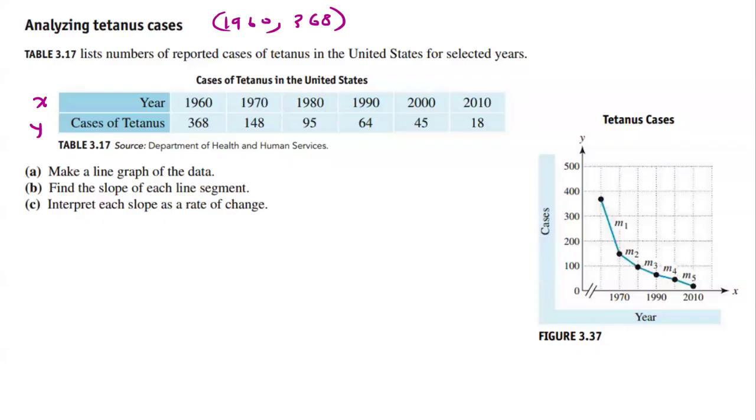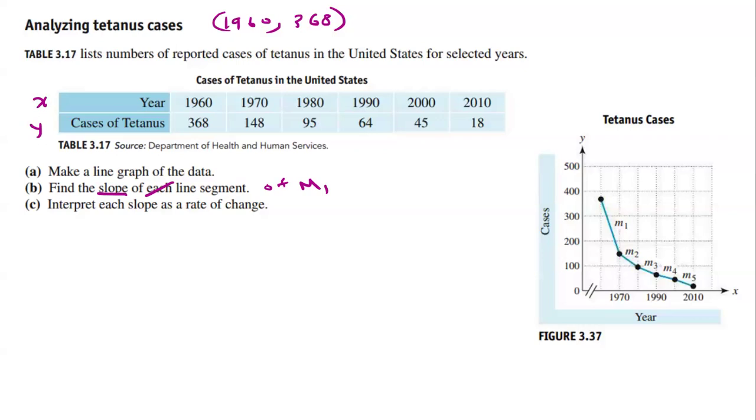All right, so let's look at the second part here. Can we find the slope of, again, we don't have to do all of them right here. I just want to find one of them. So let's say we wanted M1, so find the slope of line segment M1. Normally, if it was a straight line, I would pick the points that are exactly on the grid line.